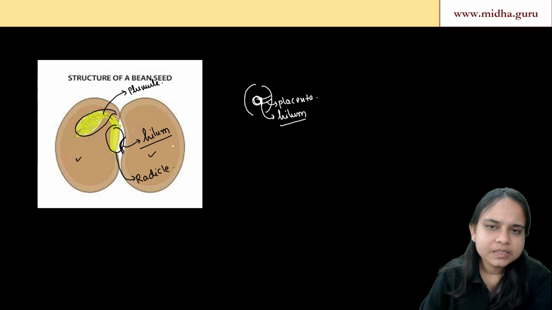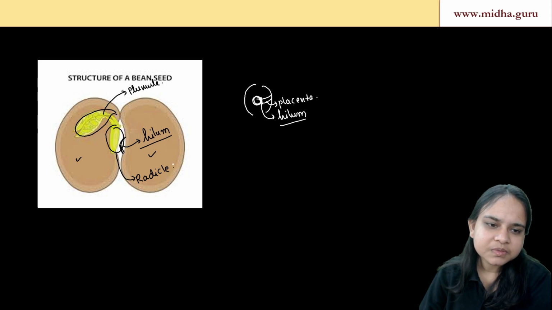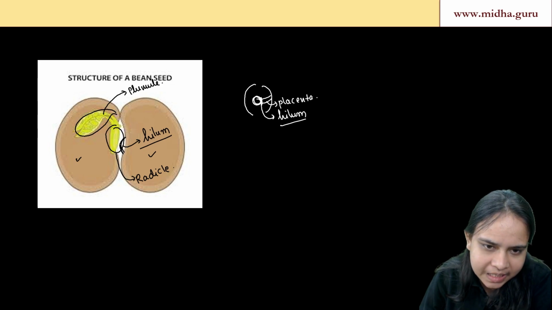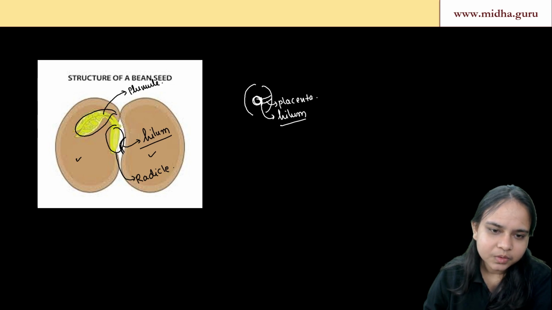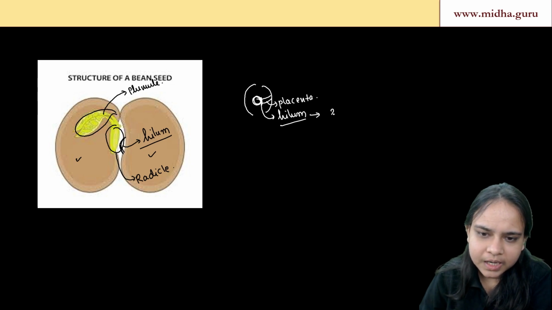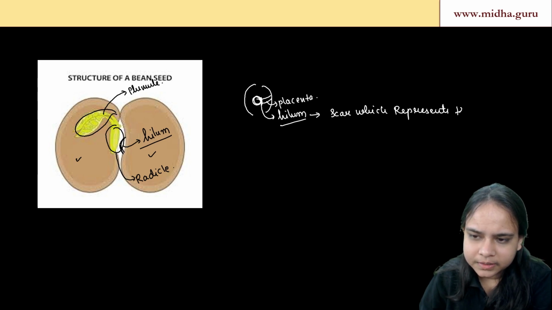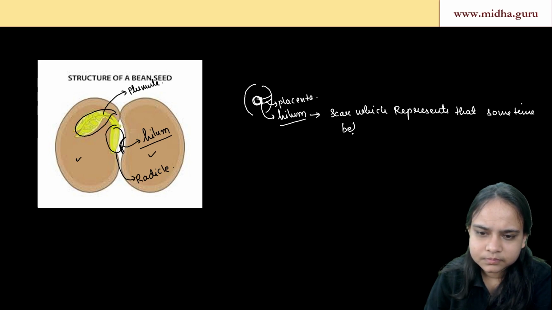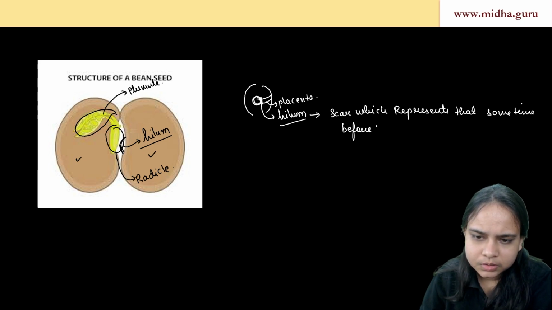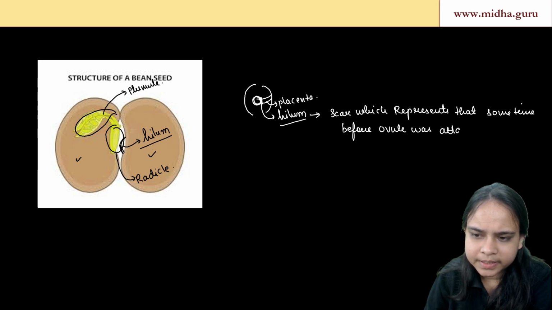So this scar tells us that at some point, at some stage, this placenta had connected this ovary with the ovule, and this scar which was left is called as hilum. Okay, so we can say hilum scar, which represents that sometime before the ovule was attached to the ovary.